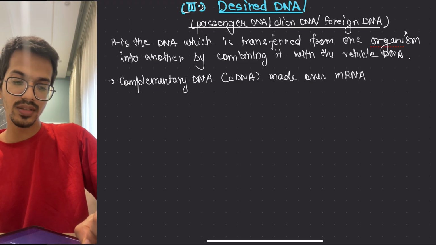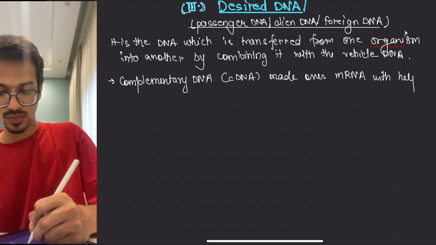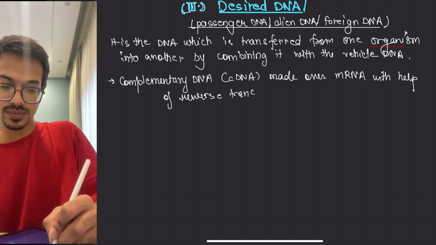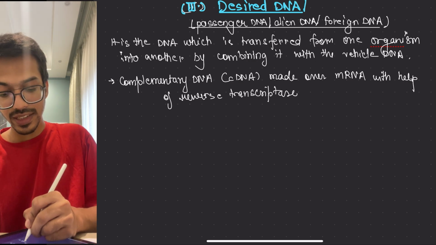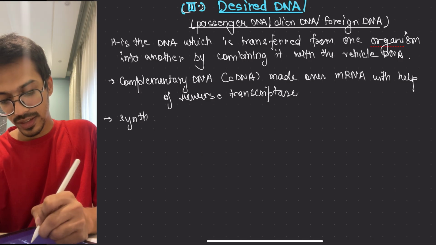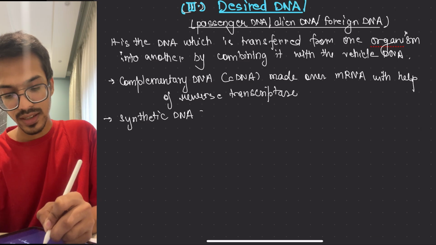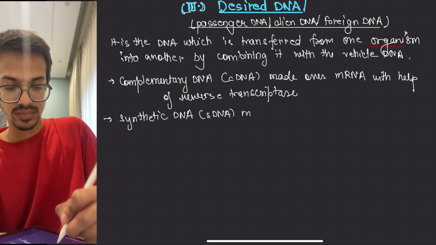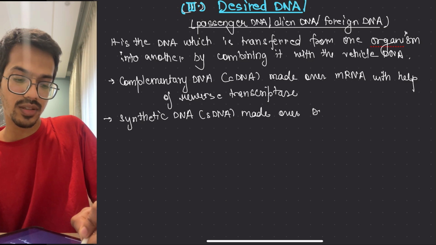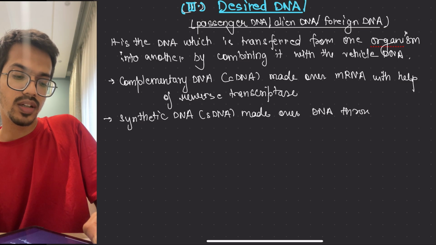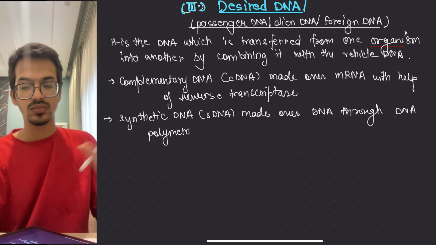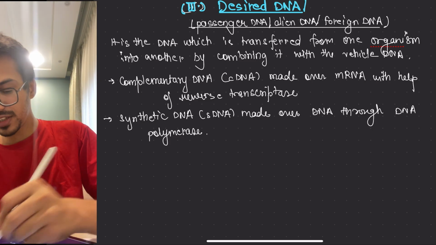Whereas synthetic DNA, called sDNA, is made over DNA through the DNA polymerase enzyme. Understood?